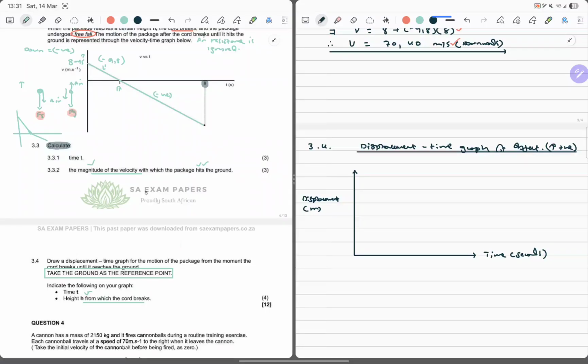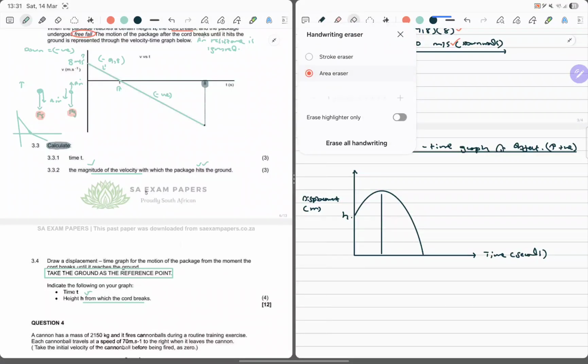Right, so what are we saying, folks? We know that this object is going to come up from this height, go up to maximum height, and then goes to the ground. It's as simple as that. So we can say this is height h, because nobody cared to tell us when it reaches maximum height, it is at this time.